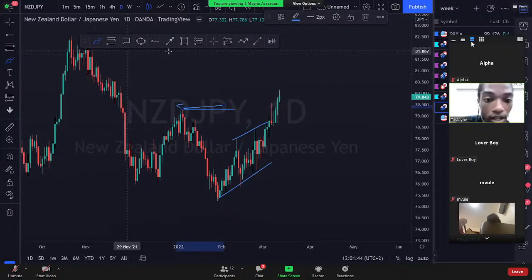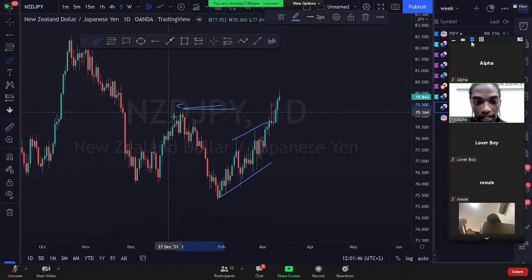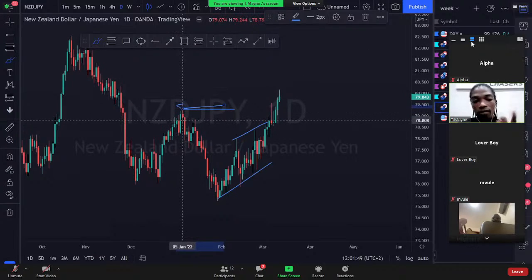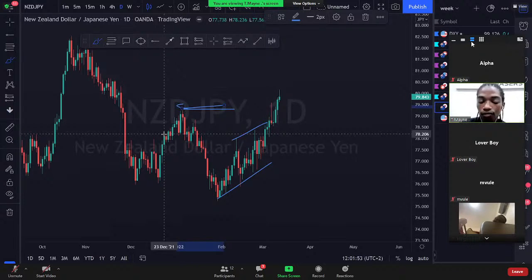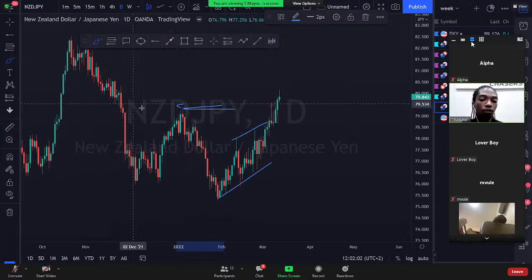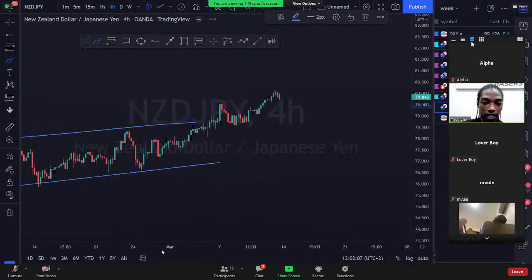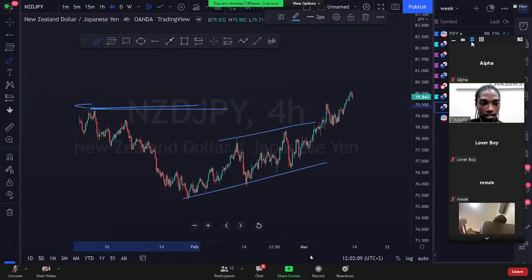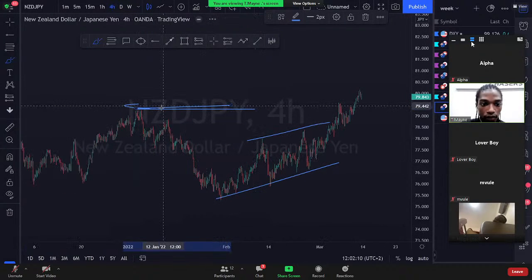I didn't send a signal on New Zealand dollar yen, but I personally did take a trade on it, and it did stop me out. So I only took one position on New Zealand dollar yen, and once it stopped me out, I didn't look for another trading opportunity. I was just waiting for prices to get to my higher sell area. But otherwise, on New Zealand dollar yen, I would say that we did get some of what we were looking for, but not entirely, because there was still a higher time frame point of interest that prices could have gone to tap into.